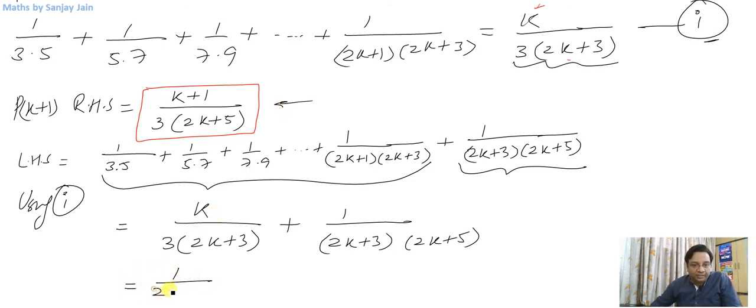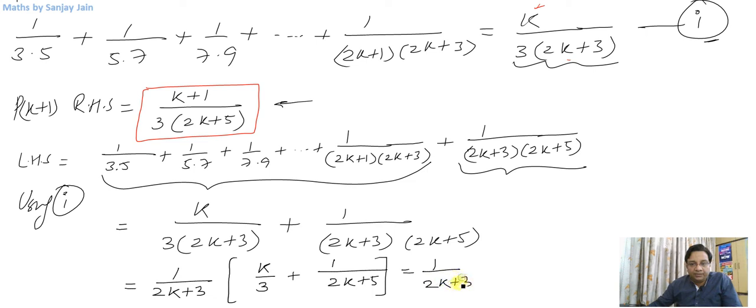I will take the common things outside. From the first term I'll have k by 3, and from the second I'll have 1 upon (2k plus 5). So I can write it as 1 upon (2k plus 3), and here I'll write (2k squared plus 5k plus 3) divided by 3 into (2k plus 5).